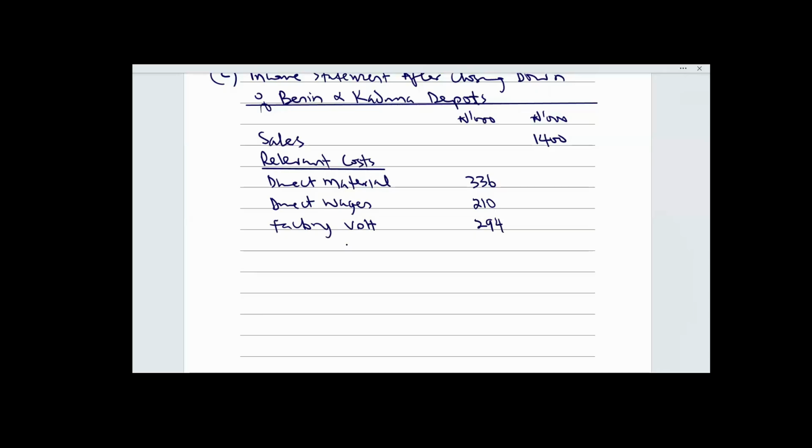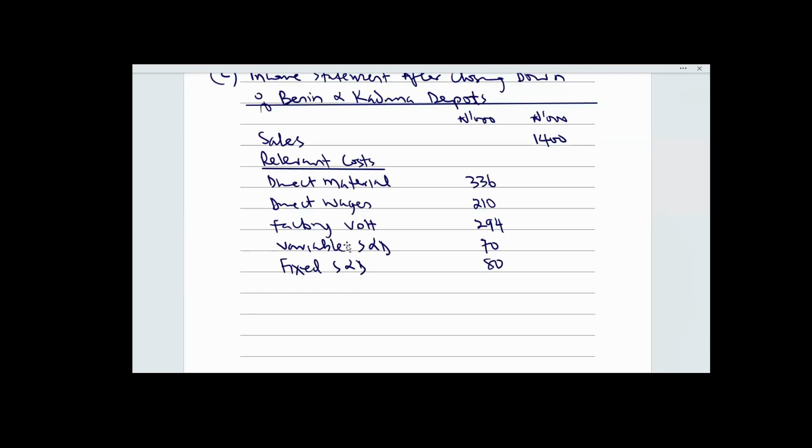We also have factory fixed. Which one is next? Variable selling and distribution expenses. How much is it? 70. Then we also have fixed selling and distribution for Lagos, 80.